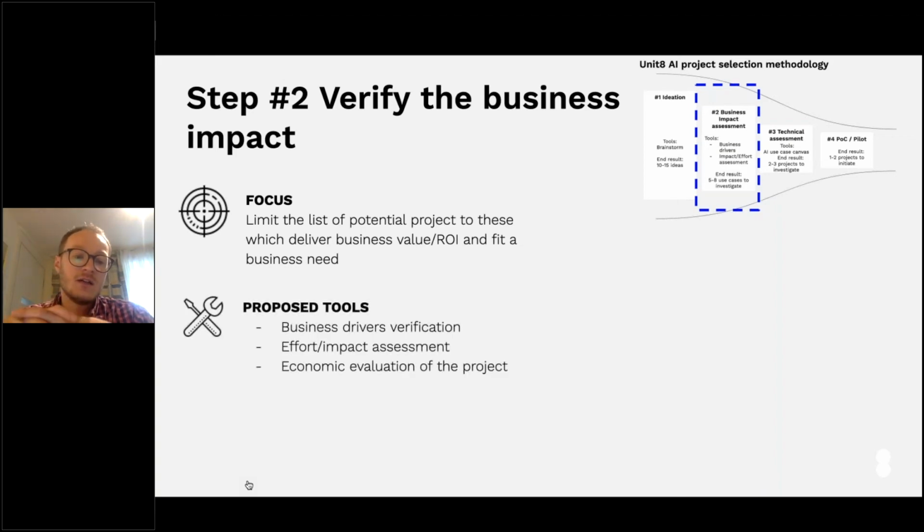The different tools that we're using here are the verification of the business drivers, the impact to effort assessment, and overall the economic evaluation of the project. And I'll tell you more in a second how we do that.